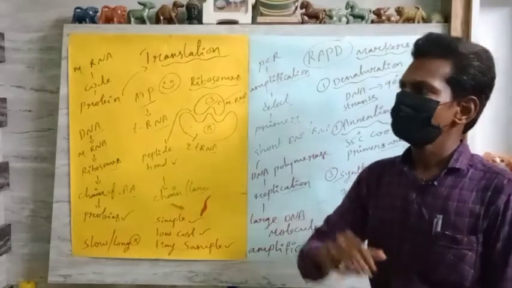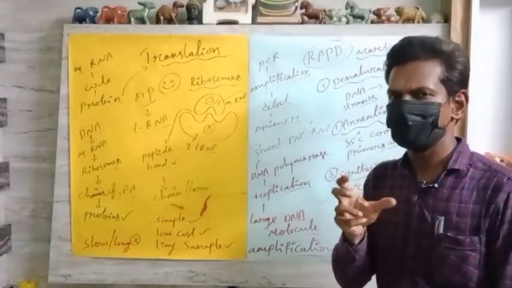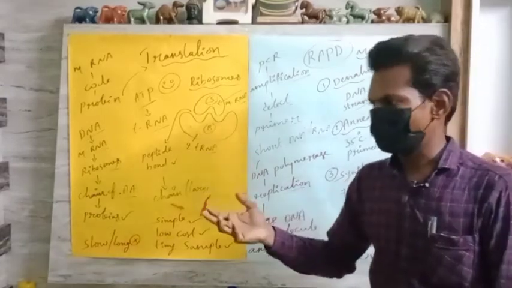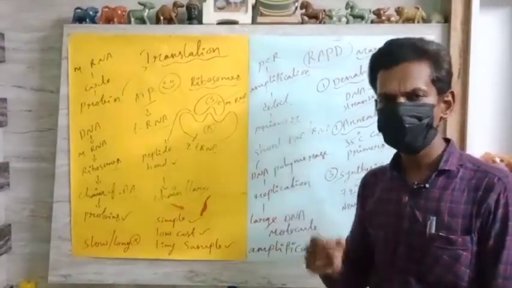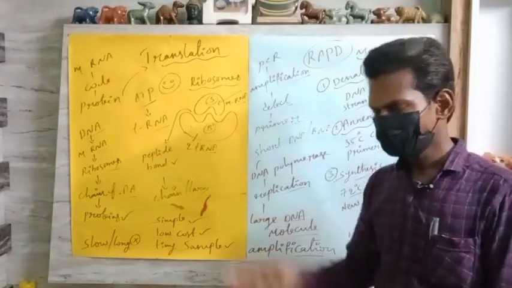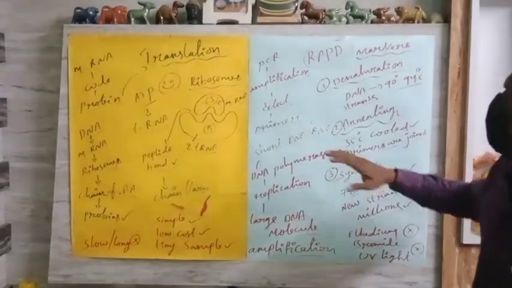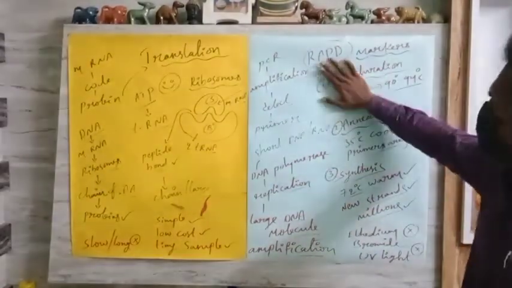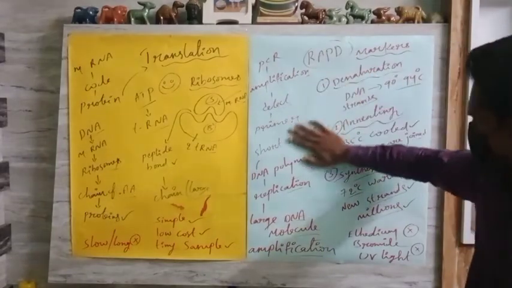Finally, with the help of radiography photo technique, the result will be submitted to the higher officials, then the court will give the judgment. That is the basic principle in which RAPD markers are highly beneficial and utilized.